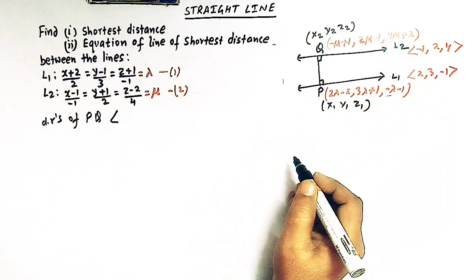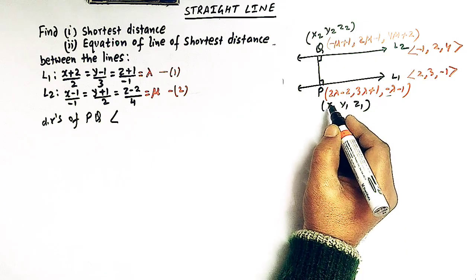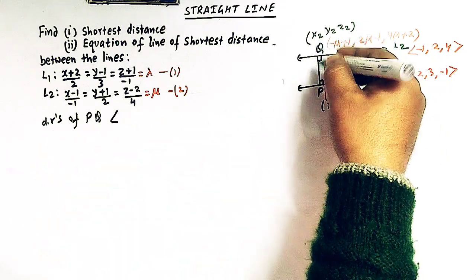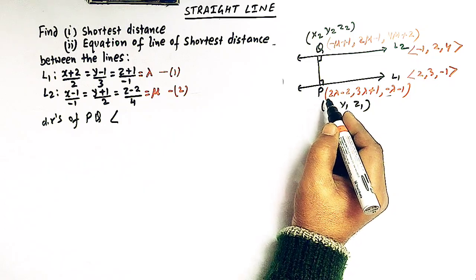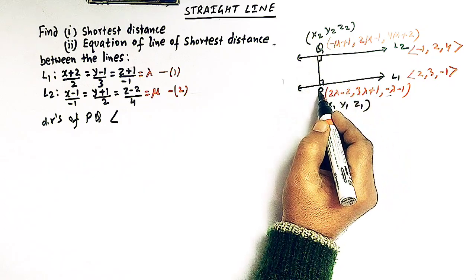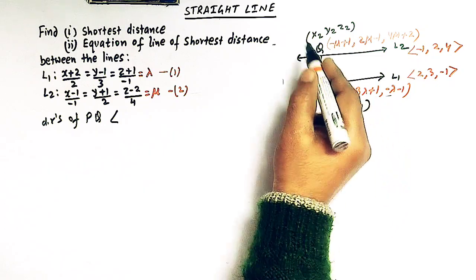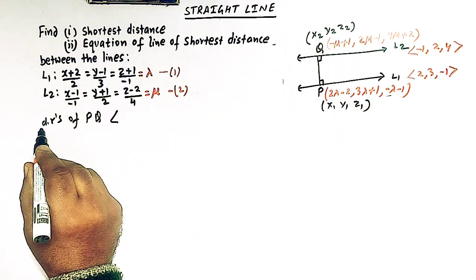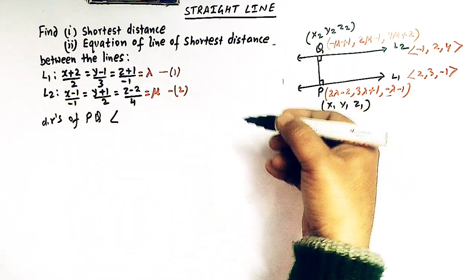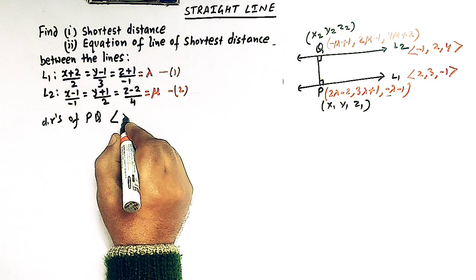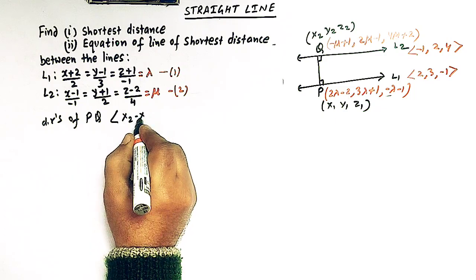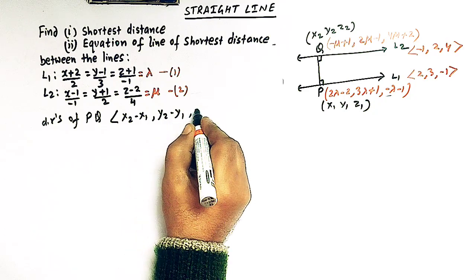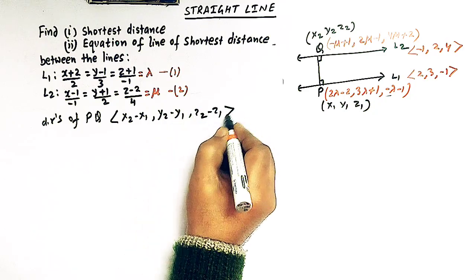And from vector algebra we know that to get the direction ratios of any vector whose endpoints, the 2 points P and Q, are given as x1 y1 z1 and x2 y2 z2, the direction ratios of the vector are given by x2 minus x1, then y2 minus y1 and z2 minus z1.